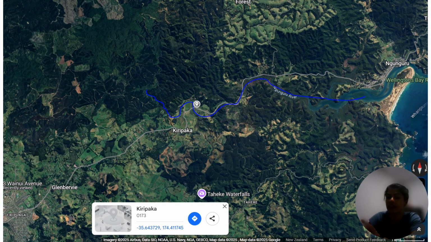The chances of having major waterfalls or big culverts is low in this area. It's lightly populated, so this is the only road that goes through it, and it's along the river. So having major waterfalls, cascades, or culverts or weirs that would cause fish barrier are less in this area.